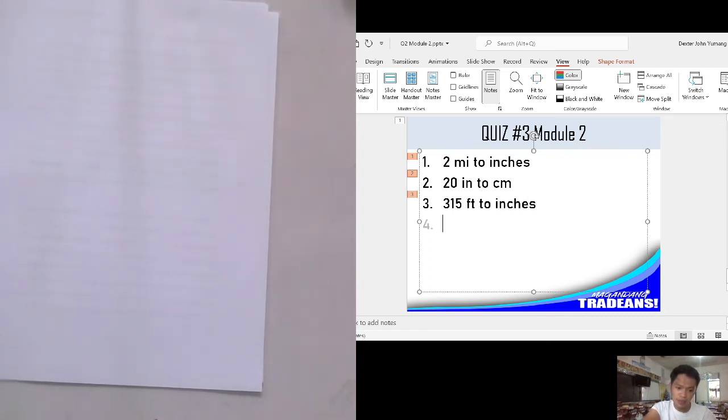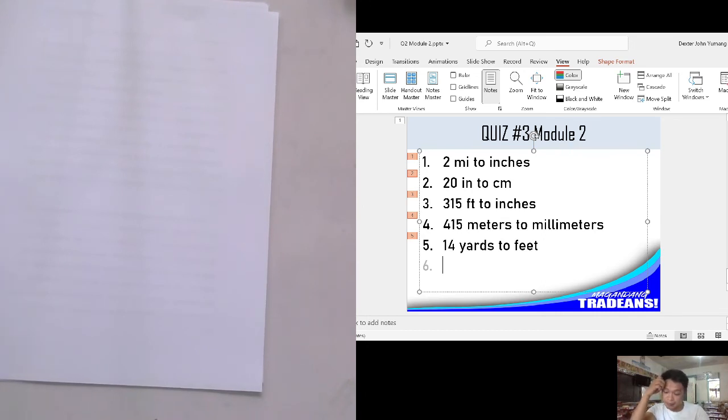Next, number 4, 415 meters to millimeters. Next, number 5, we have 14 yards to feet.